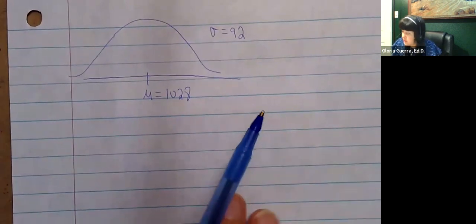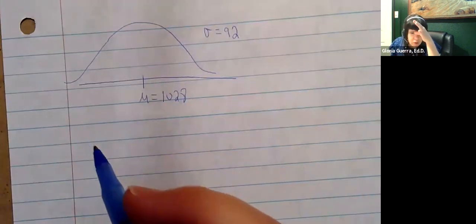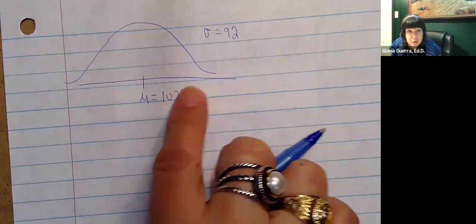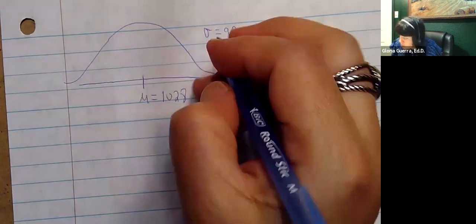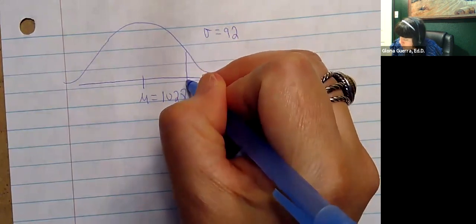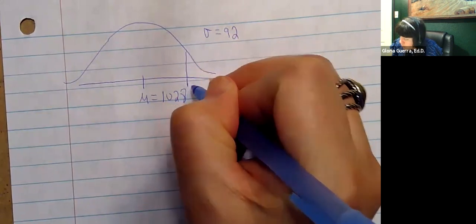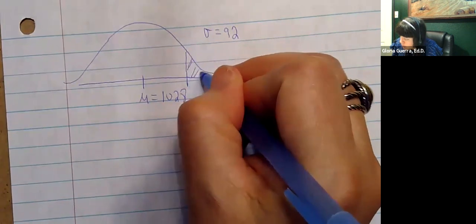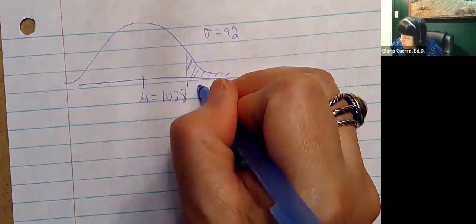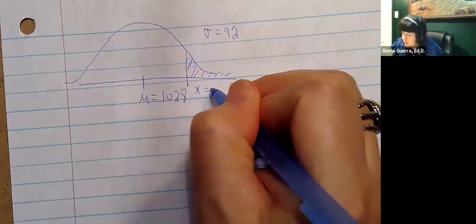If a score were to exceed 1200, well, 1200 has to be somewhere on this side because mu is already 1028. So if I draw this maybe right here, and exceeds means shaded this way. And so this would be an X. This is not Z yet.